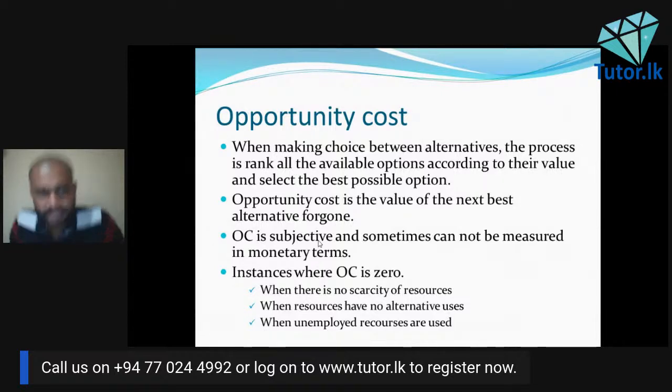So we'll read it. When making a choice between alternatives, the process is to rank all the available options according to their value and select the best possible option. I clearly told that, so that part we have already done.